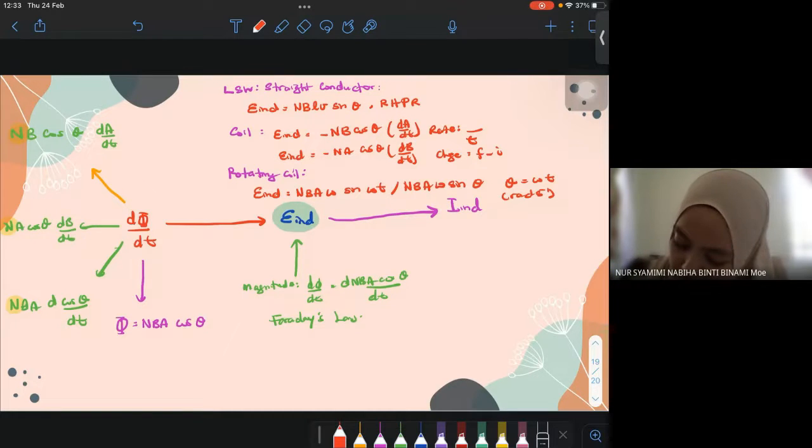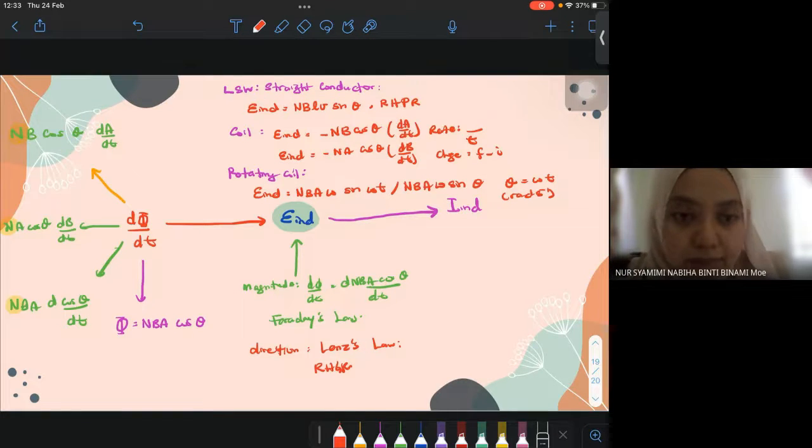To find the direction, we use Lenz's law and the right hand grip rule. That is what we have learned in 5.1 and 5.2. So actually we have only learned induced EMF.